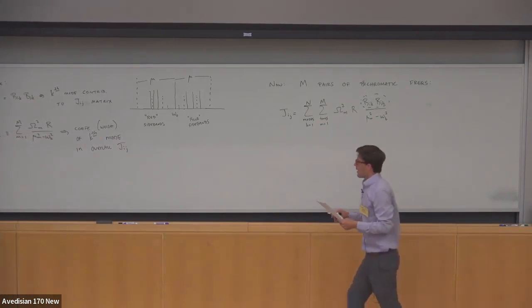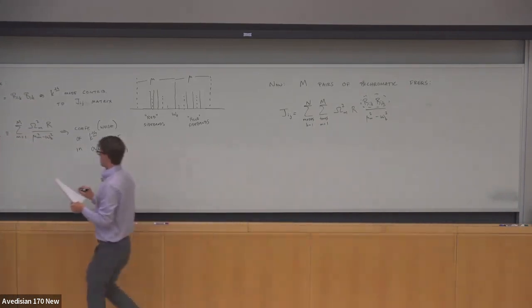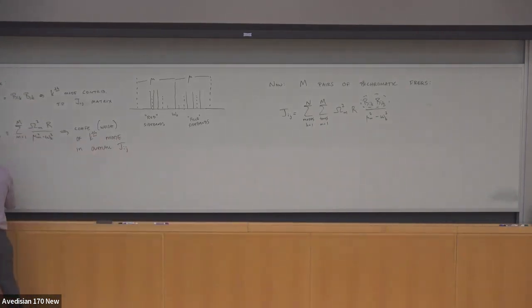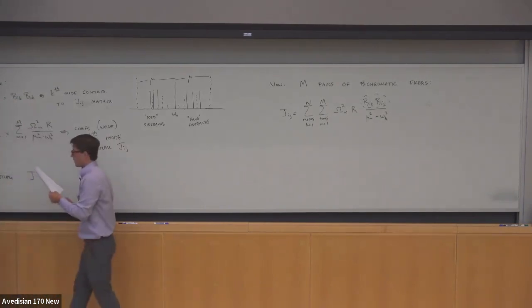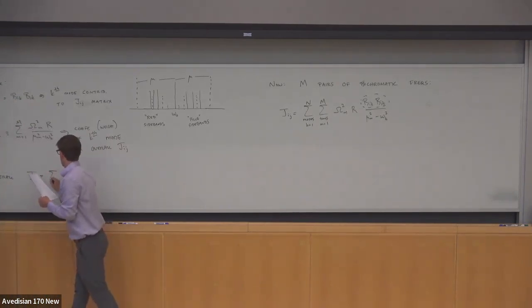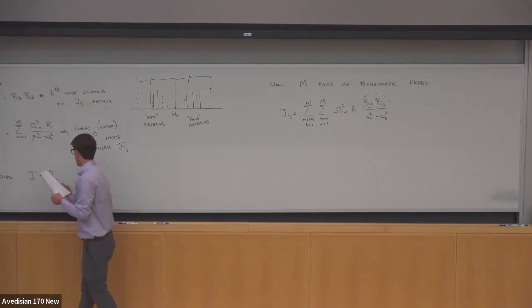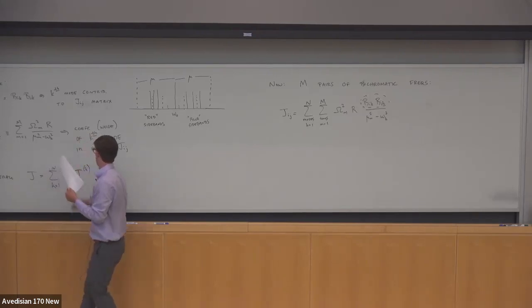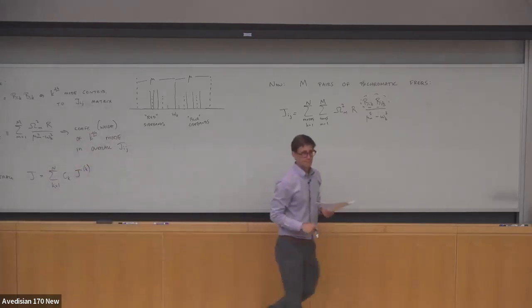Okay. And so with these definitions, I can write my overall J matrix as a sum over the modes k, going from 1 to n, of C sub k times Jk.